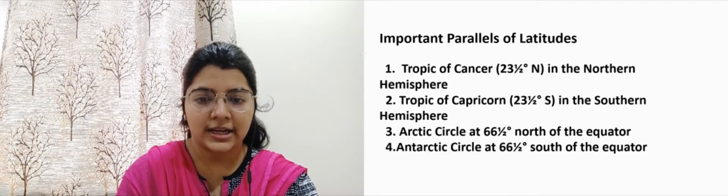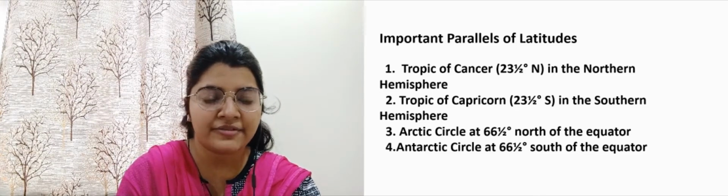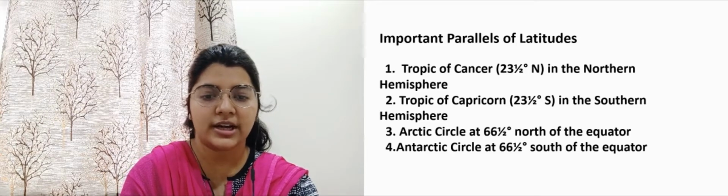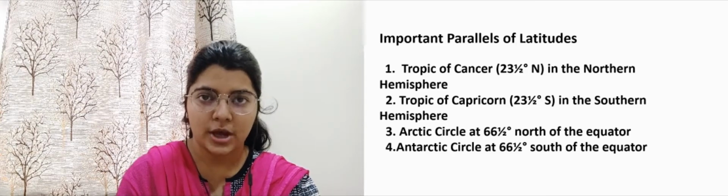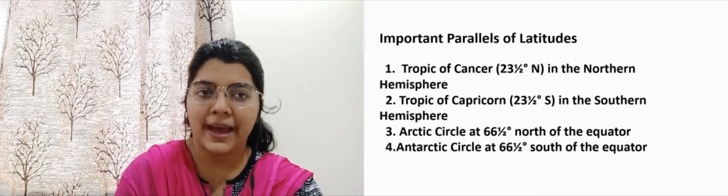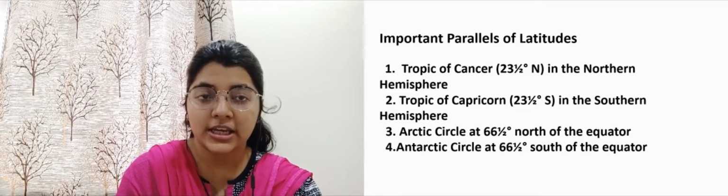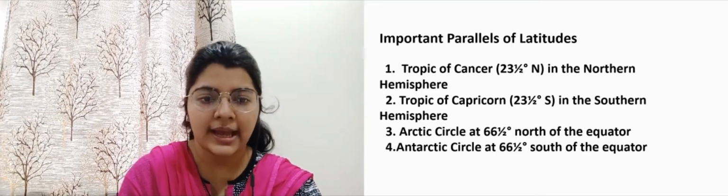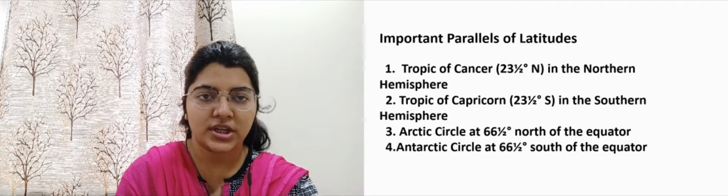The Arctic Circle is at 66.5 degrees north of the equator, and lastly the Antarctic Circle is at 66.5 degrees south of the equator. You need to remember these 4 important parallels along with their names, degrees, and which hemispheres they fall in.